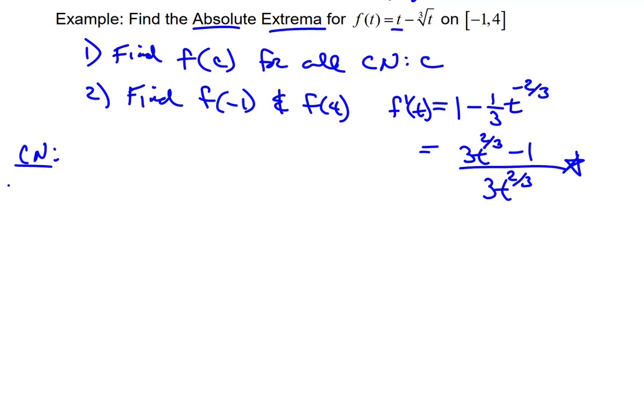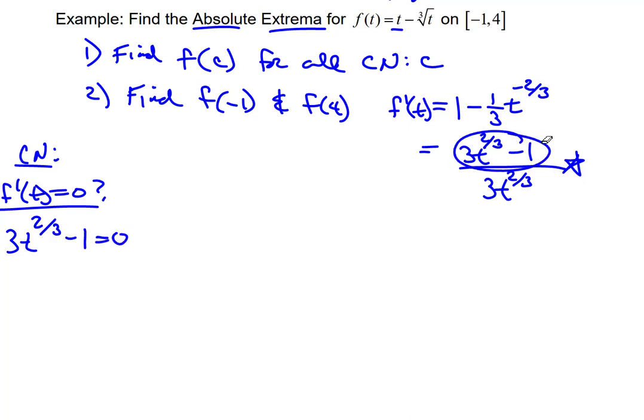Let's now try this for the critical numbers. We want to first find out where f prime of t is equal to 0, if anywhere. And again, with a fraction defined as f prime of t here, that would be true when the numerator is 0. So that would mean 3t to the 2/3 minus 1 equals 0.